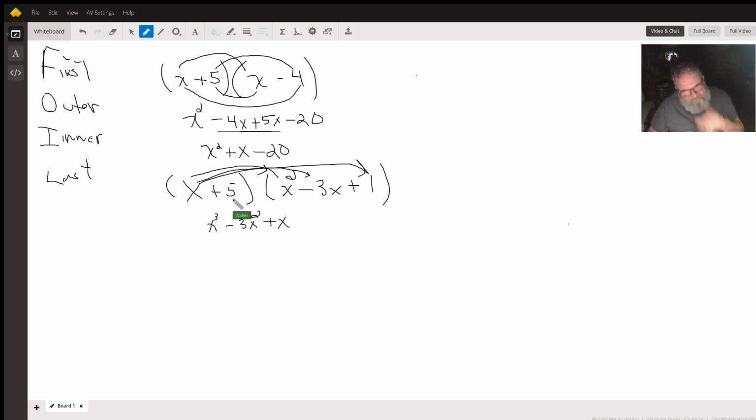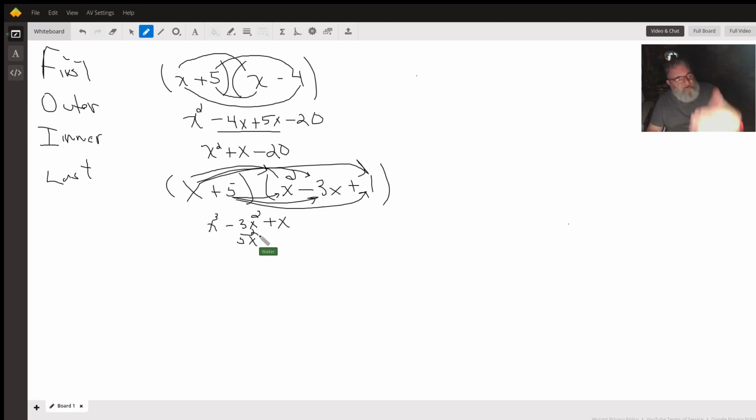Now we take the second term in the first polynomial and multiply it times every term in the second. When it starts getting like this, to make it easier to combine like terms, we're going to do something similar to what we do when we multiply 2-digit and 3-digit numbers. 5 times x gives me 5x squared.